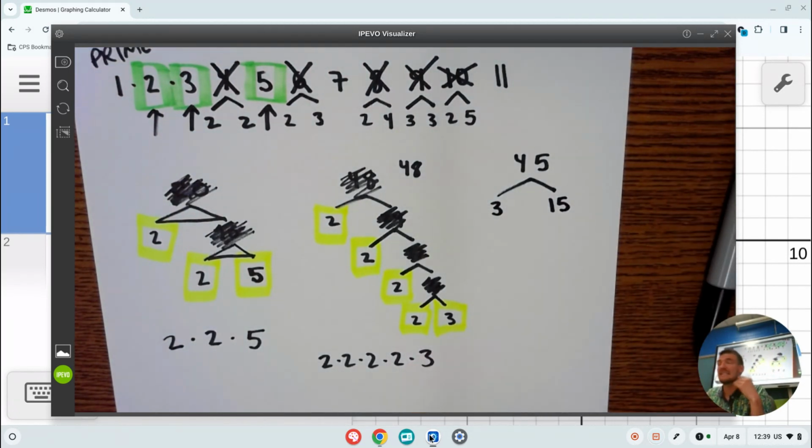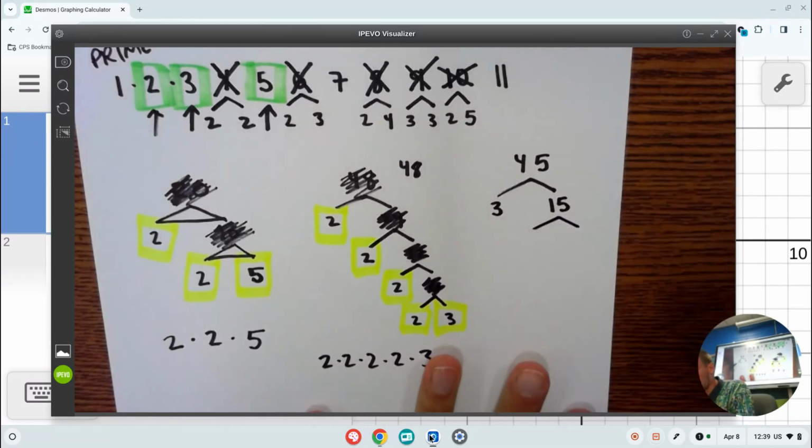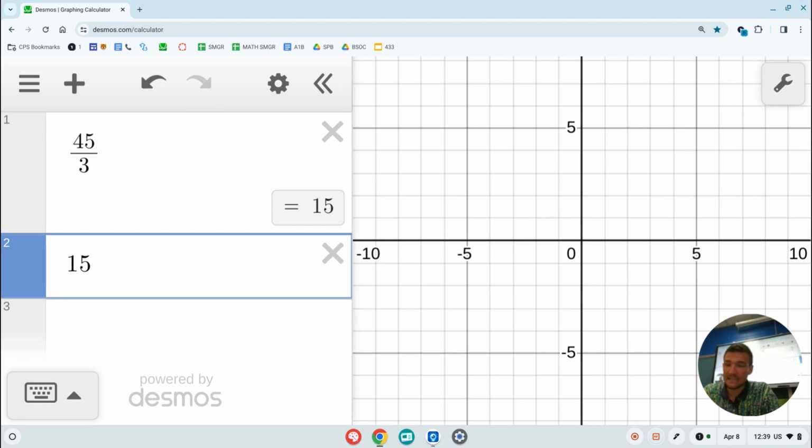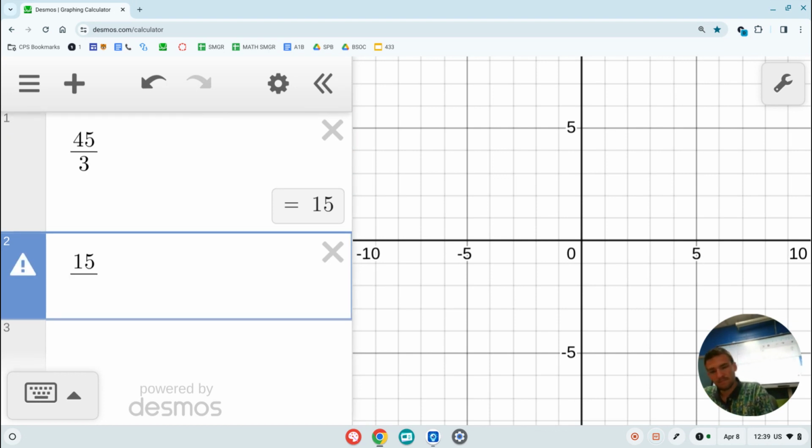There really is not a lot of brain that I'm using here. You just go to Desmos and you try to divide that number by either 2 or 3 or 5. Up next is 15. Break it down. Does 15 divide by 2?